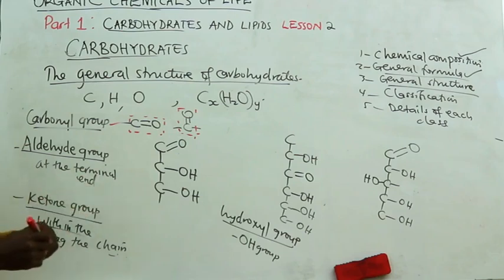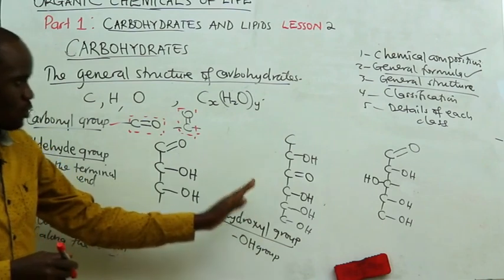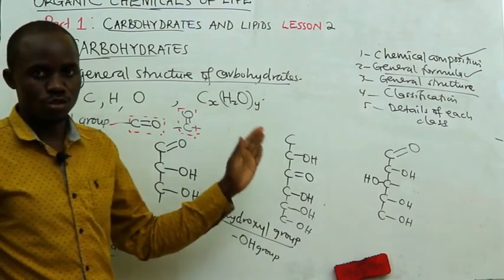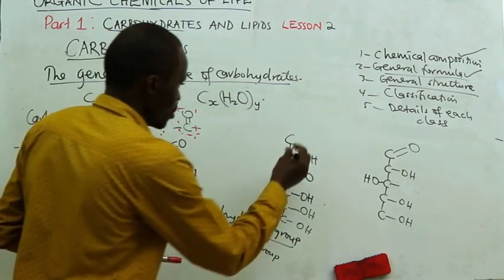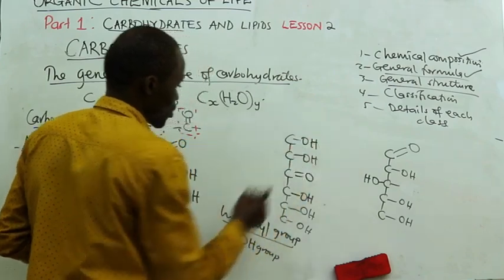Now, because of that location, after drawing something like this, we can satisfy the valence of carbon using hydrogen atoms. Of course, since I put this one inside, then this one should have OH.